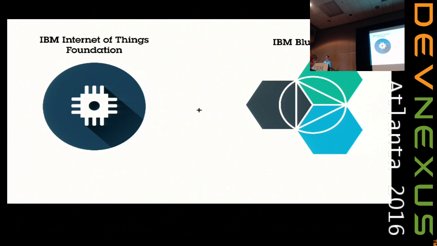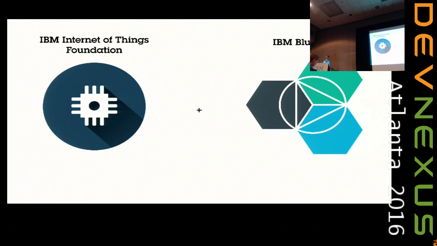So the advantage to using our cloud platform, the first advantage, is obviously scale. We talked about the volume, the amount of data that's coming out of these devices. So you're going to need a cloud to handle that scale. But the other advantage is that IBM Bluemix provides a number of different cloud services that you can integrate into your application.